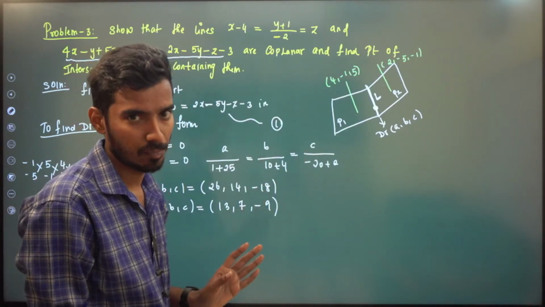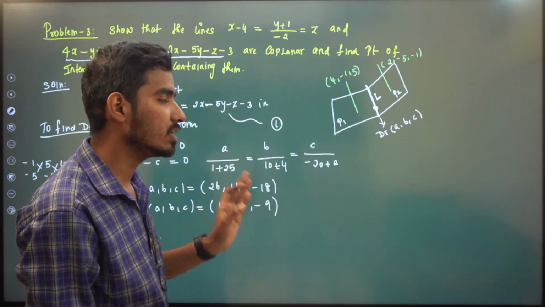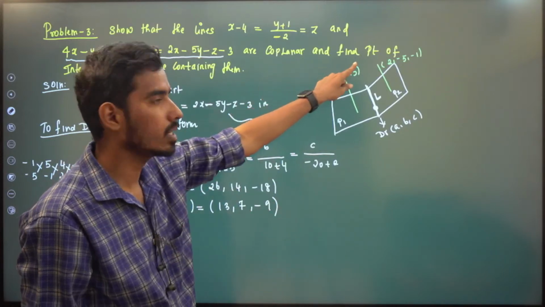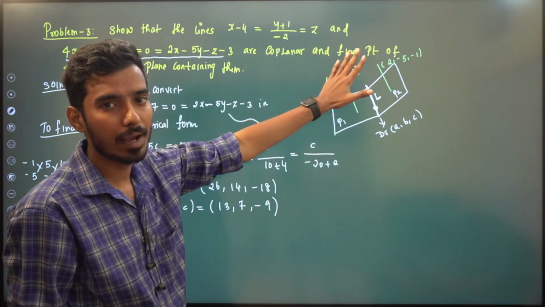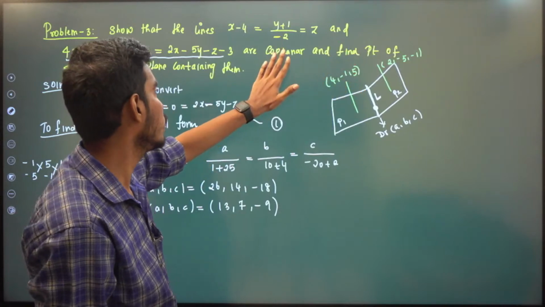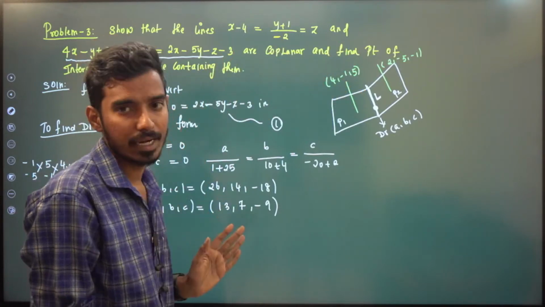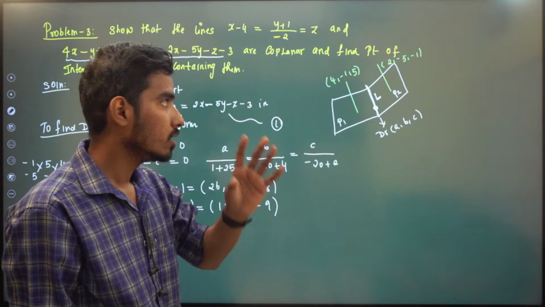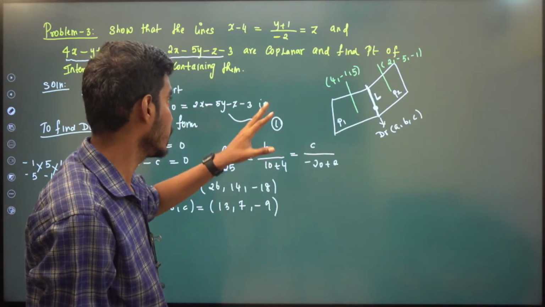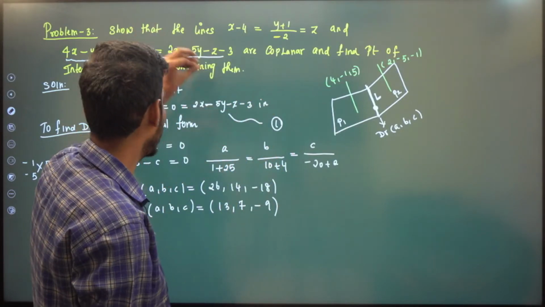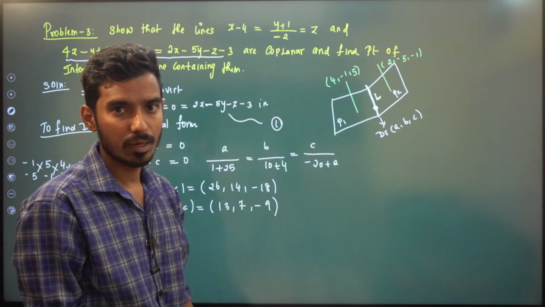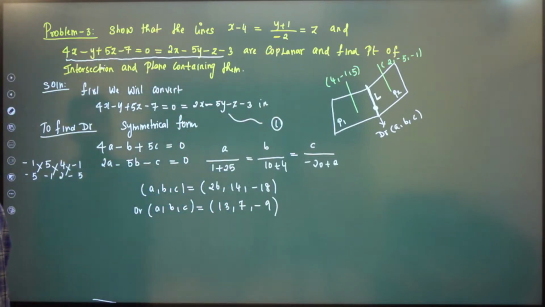But in the majority of cases, the question won't ask for the point of intersection. Show that they are coplanar and find the plane containing them, right? So how to do? Here we are converting this general form to symmetrical form, and then we are doing the procedure, right? So instead of this, we can do the other procedure also, right?